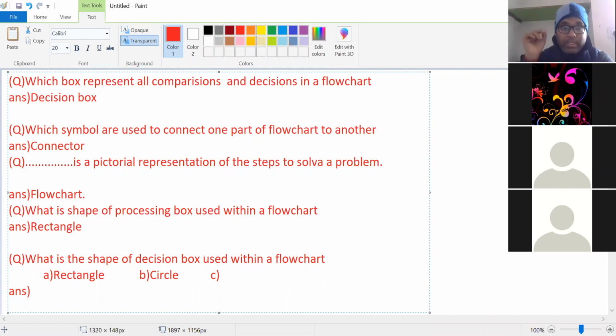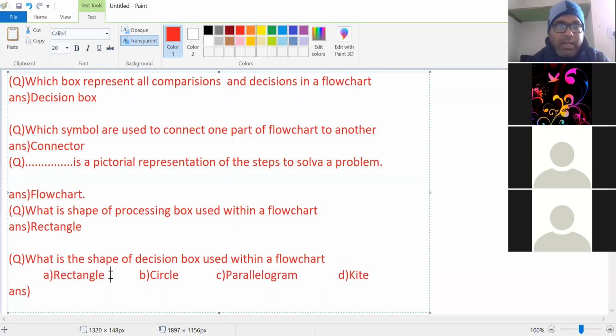First one is rectangle, second one is circle, third one suppose parallelogram, and D is what? Kite. So everyone try to understand here.